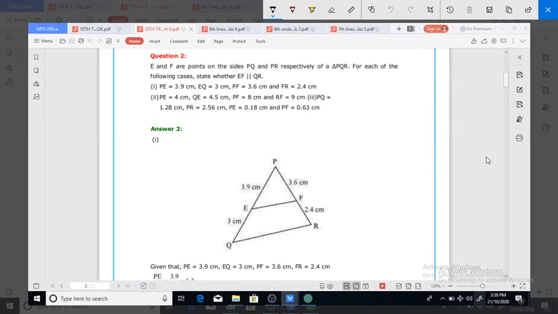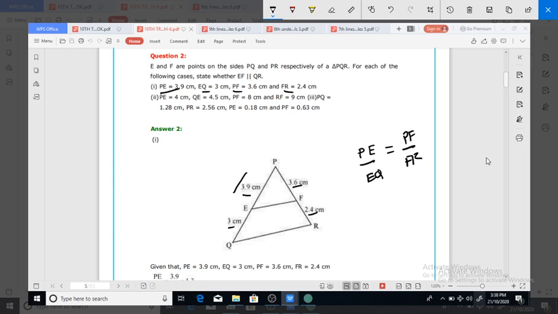So observe the diagram here. PE, EQ, PF, FR, they have already written the values here. So just take proportionals: PE by EQ equal to PF by FR.